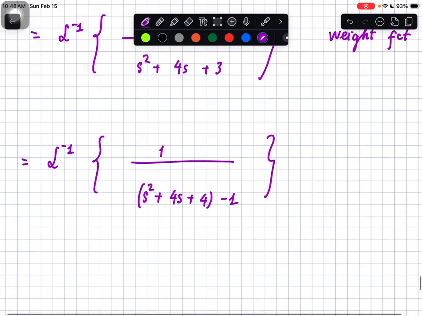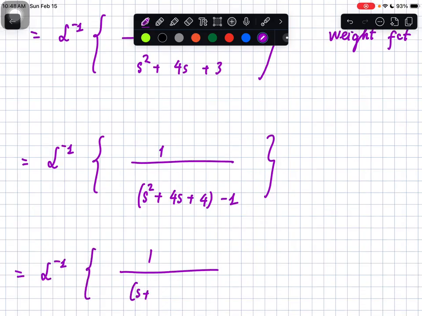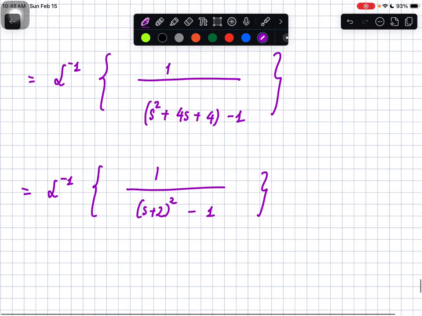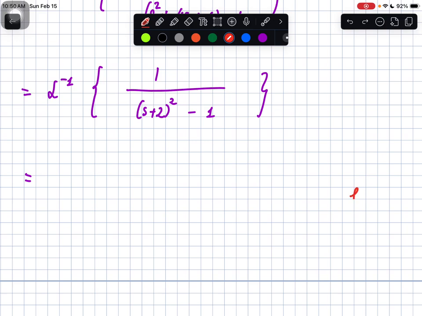So this is the inverse transform of 1 over (s plus 2) squared minus 1 squared. So we have k over s squared minus k squared, in this case k equal to 1. So this is the transform of sine hyperbolic kt.